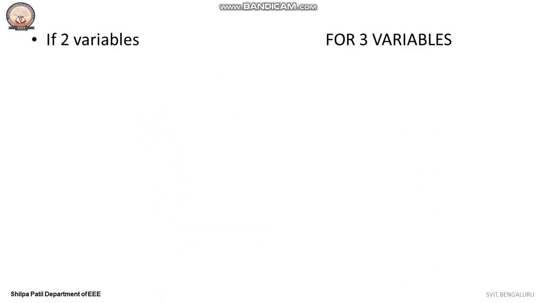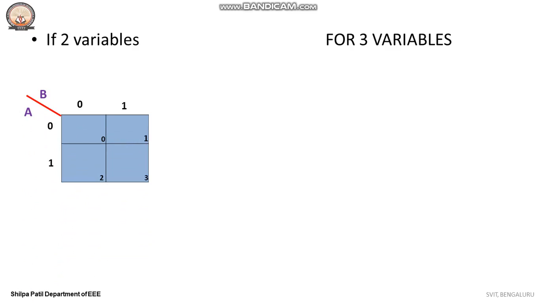If we have two variables, we use a four cell K-map. We take one variable on the rows and another on the column side. Each has two possibilities of input, 0 and 1, so we take this as 0, 1, 0, 1. For the first cell, what are the values of A and B?